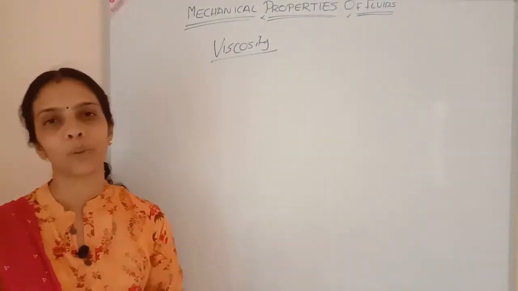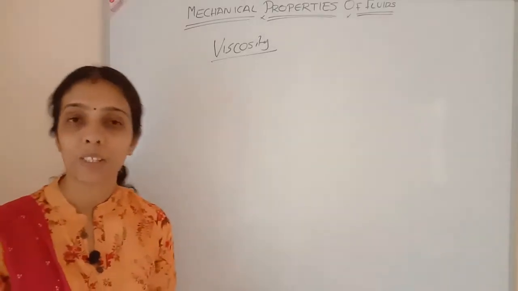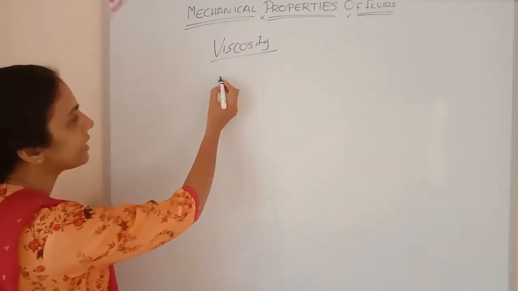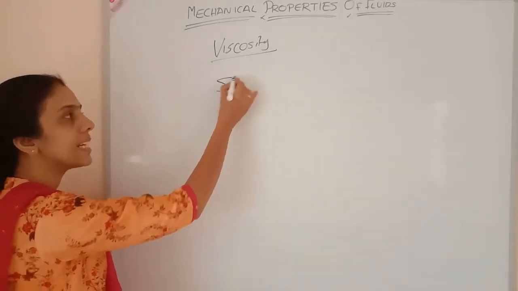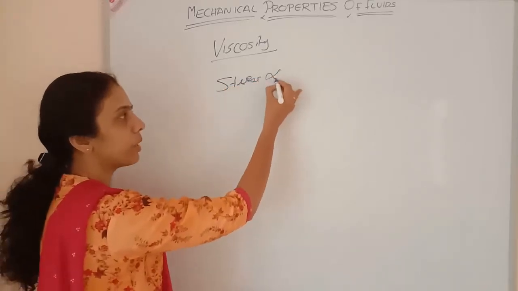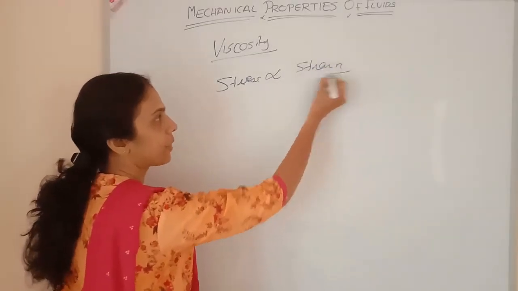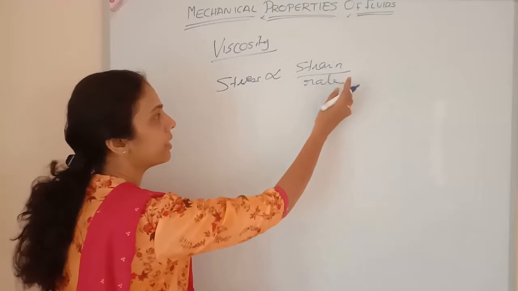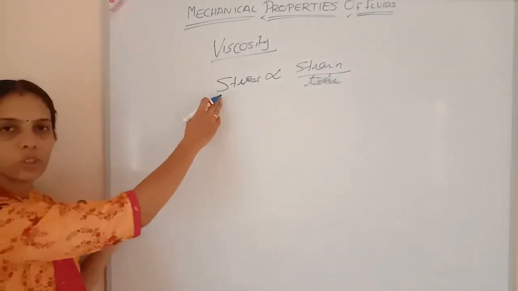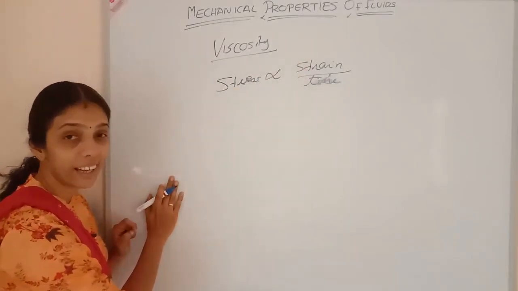Now we are going to study viscosity. How can we find out this viscous force? In the case of fluids, the stress acting on the fluid will be directly proportional to the strain rate.